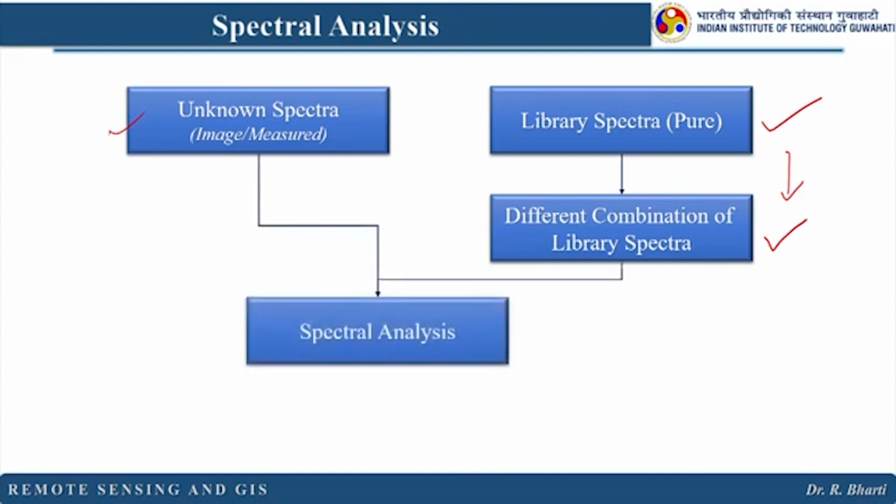After that, we will use these spectra and match them to the unknown spectra, right. So ultimately we are trying to resolve this unknown spectra, derived from one image or captured in the field, in terms of library information.